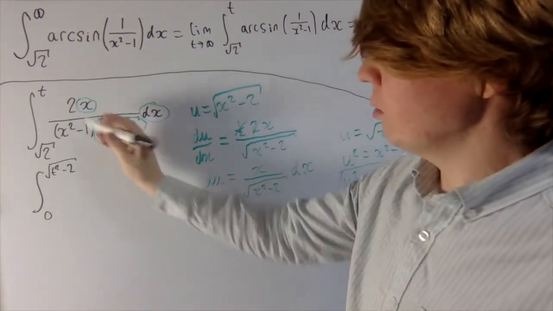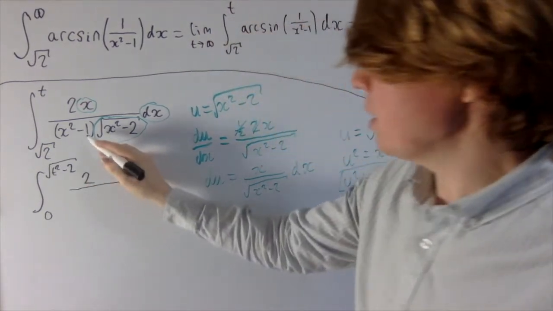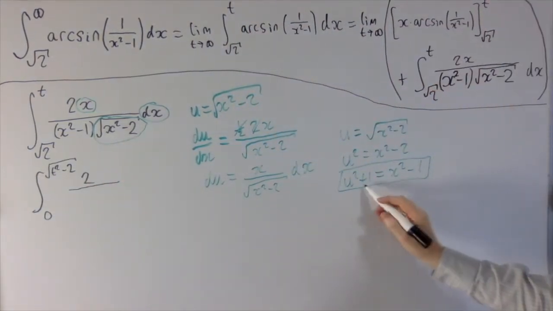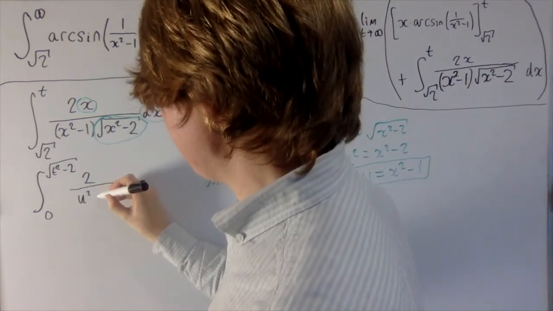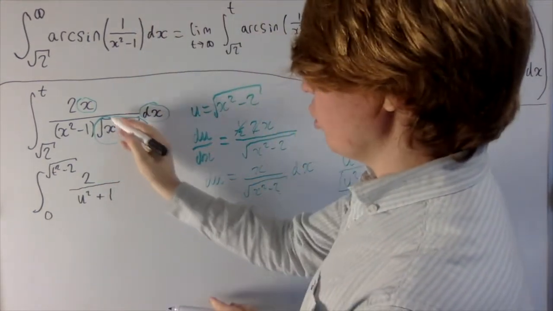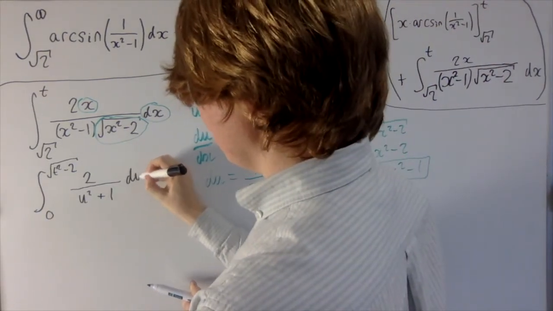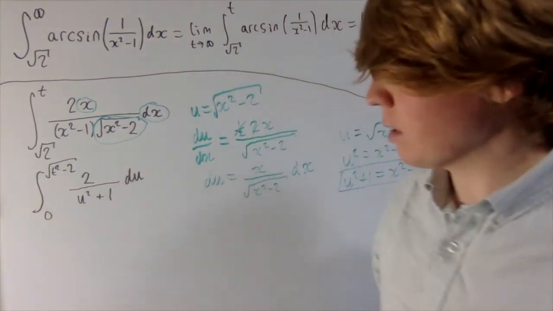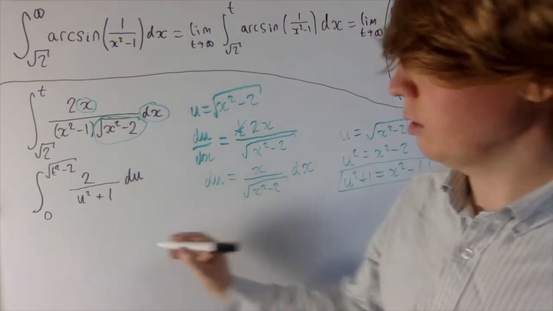Okay, so now we've still got this factor of 2 here, and this x squared minus 1, we know that this is equal to u squared plus 1. And then all of this stuff disappears, that just turns into du. So now this is actually quite a nice integral. We know how to deal with this. This is an arctan integral.